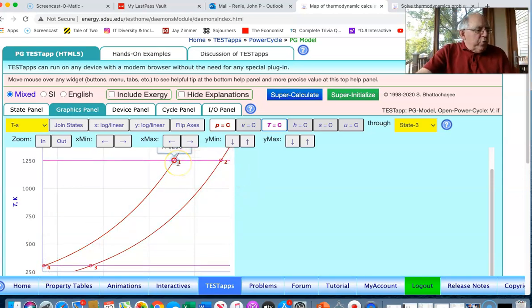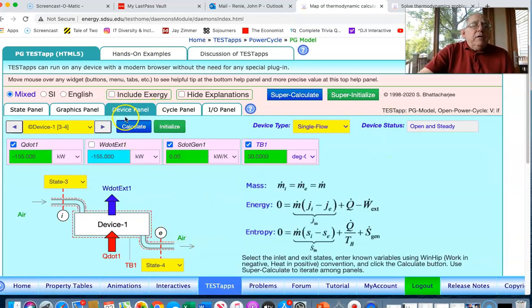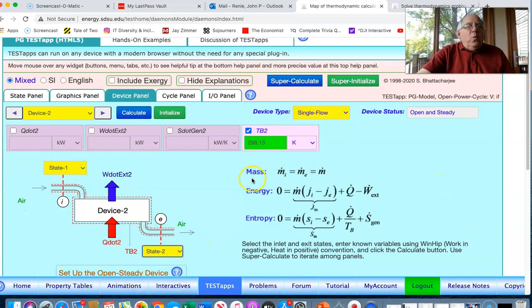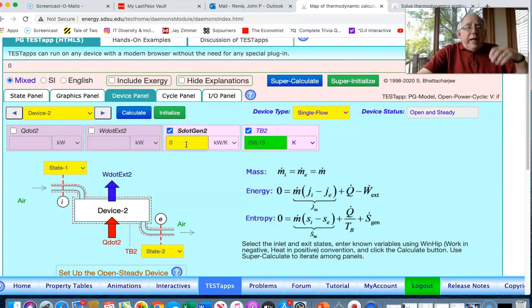Likewise, over here between 1 and 2, the heat that we add to the system is going to be that area. Okay, so we haven't actually put in the device panel, the second device panel, which is between 1 and 2. And again, what we know about between 1 and 2 is that it's reversibly done.